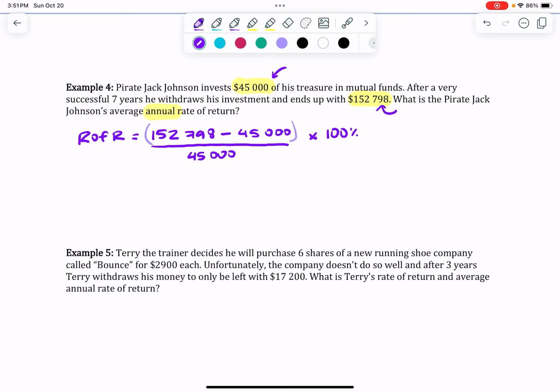Now, before I plug this in, I'm expecting a really high rate of return because my investment has not just doubled, it has more than tripled. So if doubled is 100%, tripled would be one more 100%, so 200%.